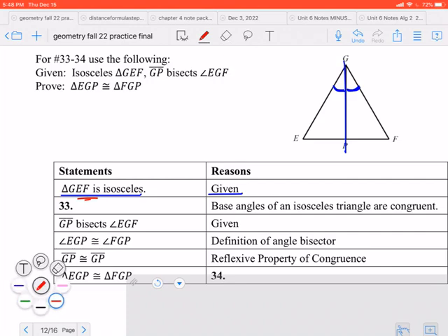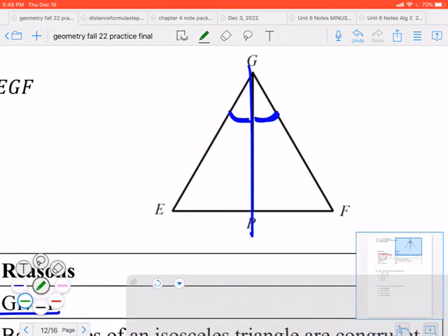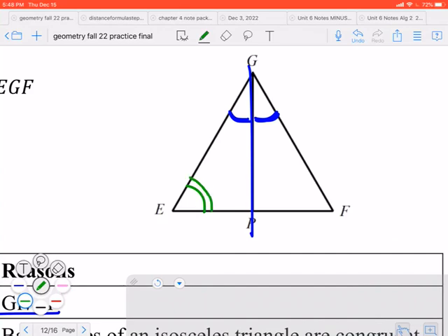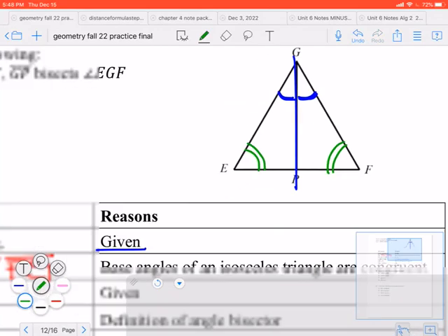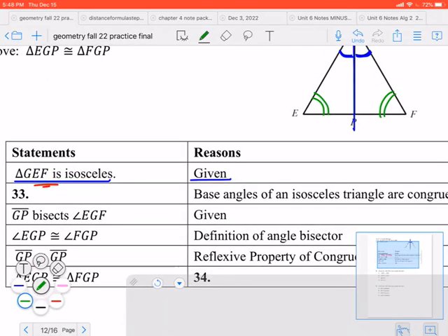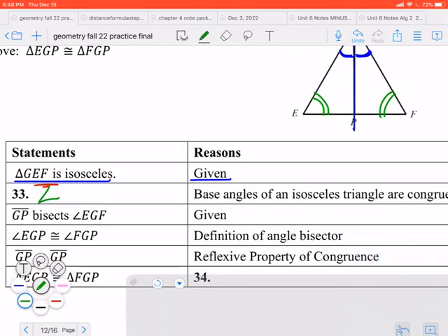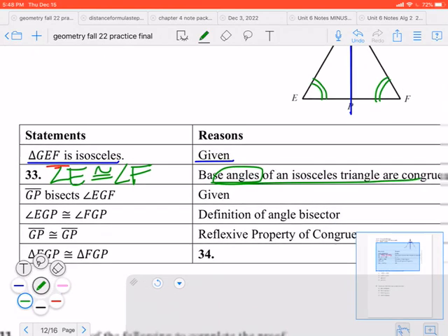My bad, my bad. So not the sides, but they're saying the base angles. And since I already gave those one arc, I'm going to give these guys 2 arcs. Oopsies. So I'm going to revise that. Angle E is congruent to angle F, because the base angles of an isosceles are congruent.